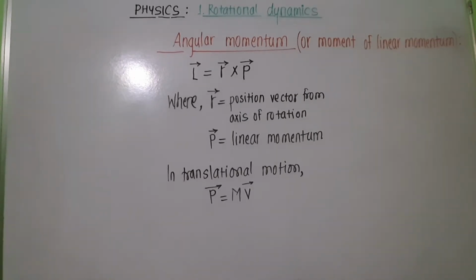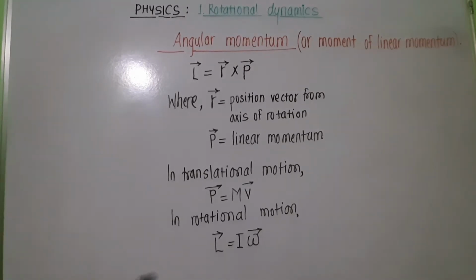We know that in translational motion, linear momentum of a body of mass m which is moving with linear velocity v is given by the formula vector P is equal to m vector v. Same way, in rotational motion we get the formula for angular momentum as vector L is equal to I vector omega, where I is the moment of inertia of the rotating body and omega is its angular velocity.